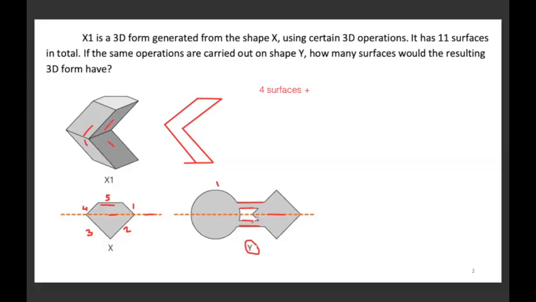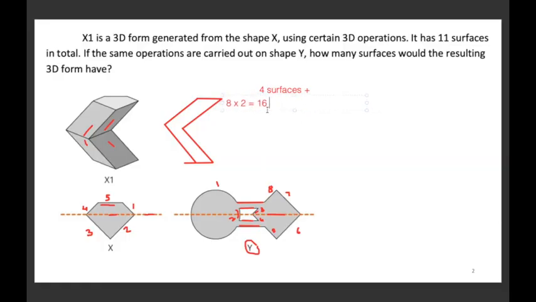So how many of these are there? 1, 2, 3, 4, 5, 6, 7, and 8. So 4 plus 8 into 2, which is 16.